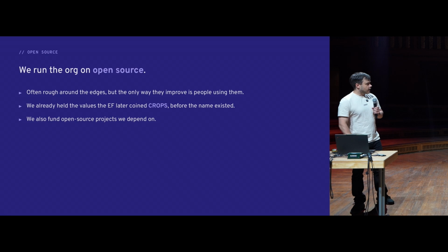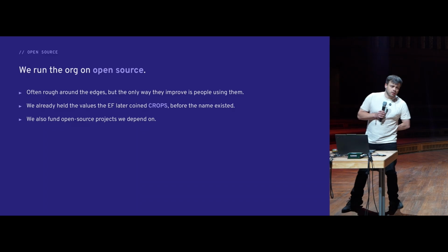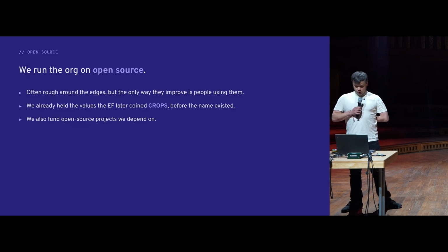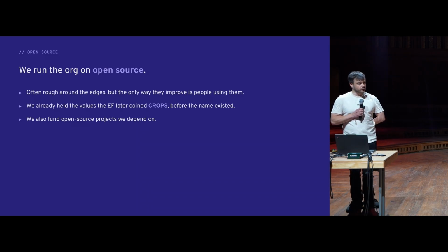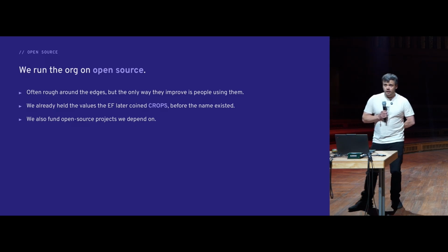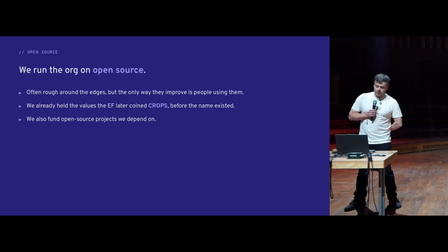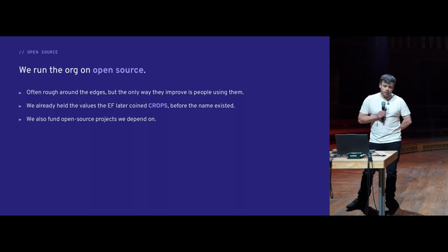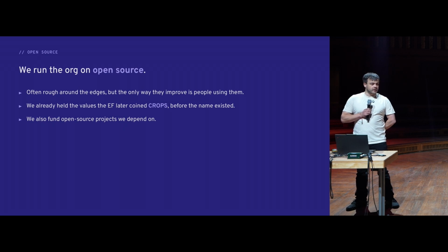Another thing that I have dear to my heart and that I really like that we're doing is we run the whole organization on open source tools where possible, and we self-host as much as possible. And it's a little bit rough around the edges. I'm sure some of you have tried using something like CryptPad or whatever, and it doesn't always go too well, but we still believe that it's important to do it so that we can provide the feedback for these tools and so that they can become better over time.